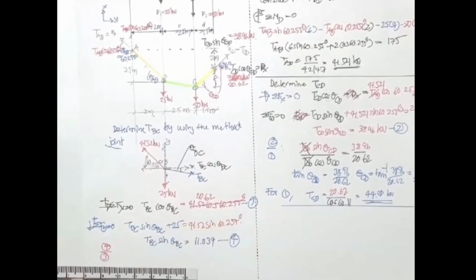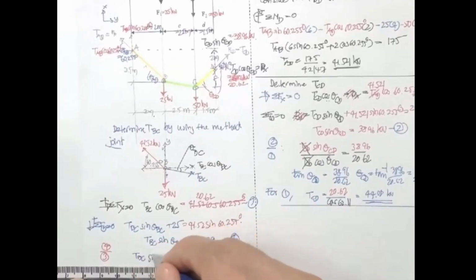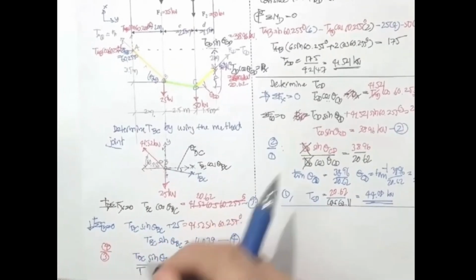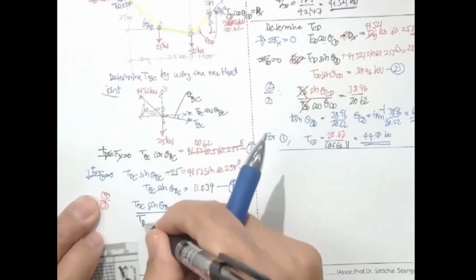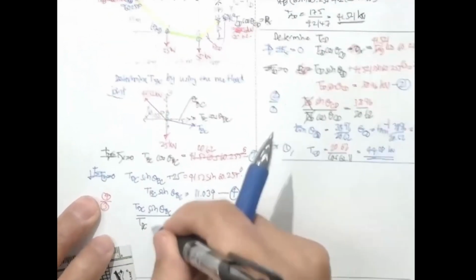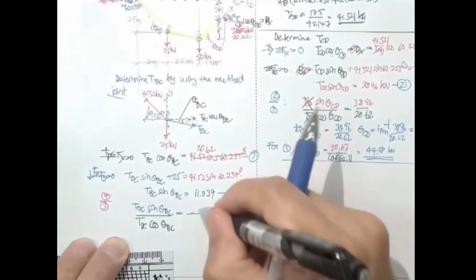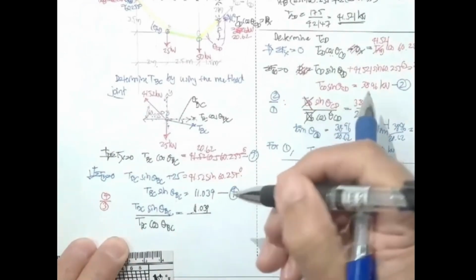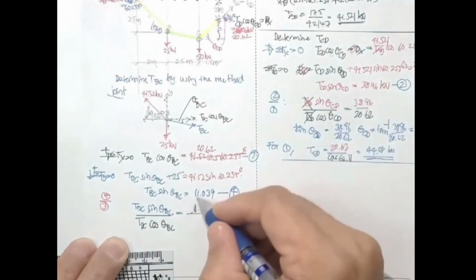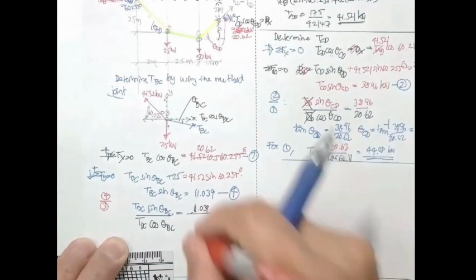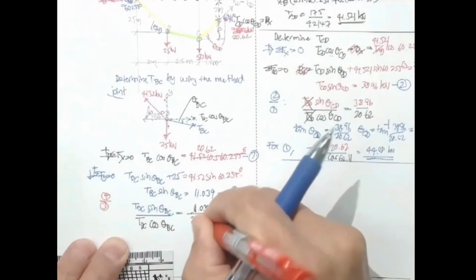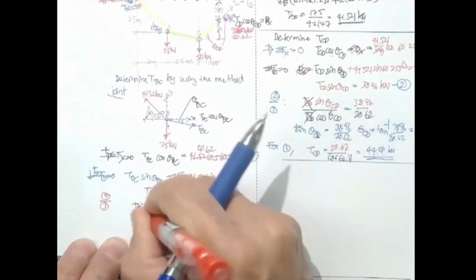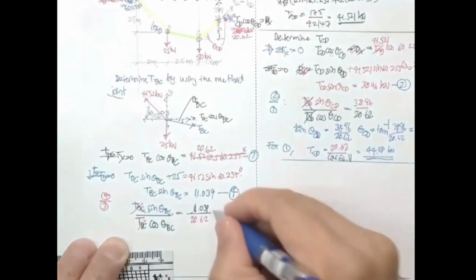So T sub BC sine theta sub BC divided by T sub BC cosine theta sub BC, and then this is going to be 11.039 divided by 20.62. Okay, and then this one cancels, and this is going to be tan of theta sub BC.